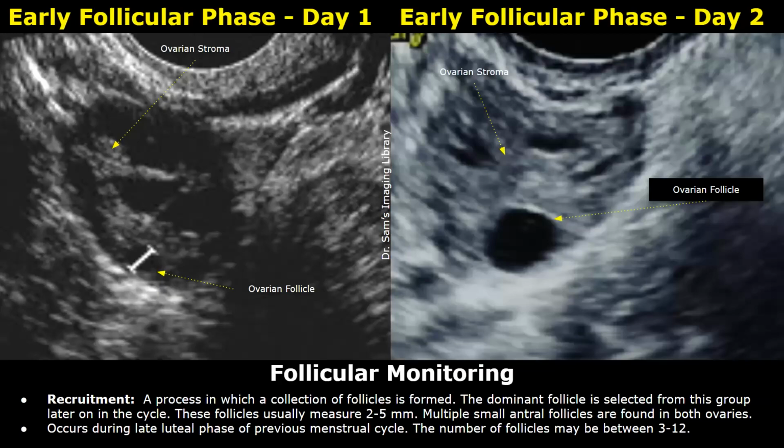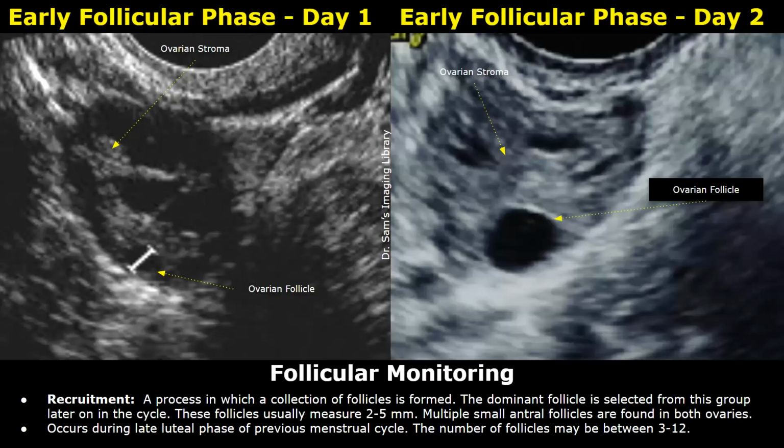What we have here are days 1 and 2 of the menstrual cycle, but before this phase, we will talk about the process that takes place during the end of the previous cycle. The luteal phase is the last phase of the menstrual cycle. Towards the end of the 28-day cycle, a process known as recruitment takes place.